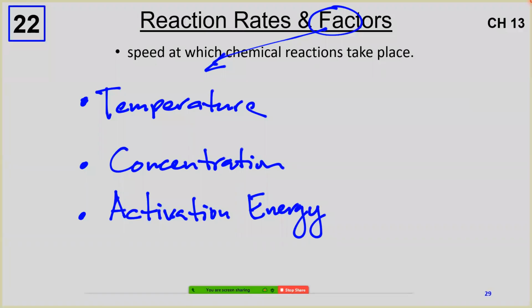So increasing the temperature would increase the reaction rate. Same thing with concentration. The higher the concentration, the more molecules you have in the sample. And so a higher number of molecules increases the likelihood that the molecules will collide with each other and cause a chemical reaction. And so increasing concentration increases the reaction rate.